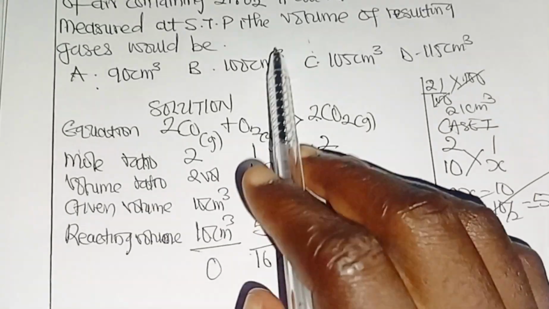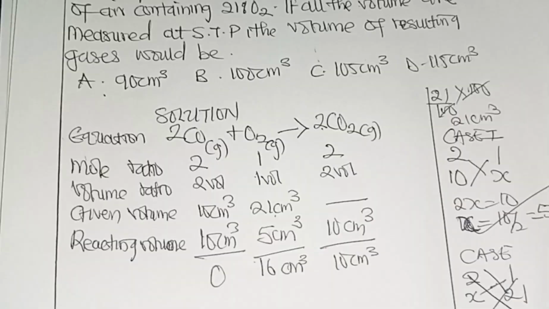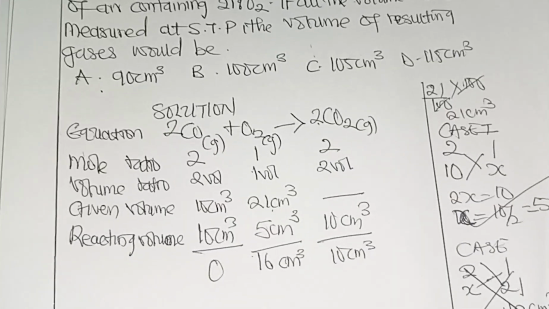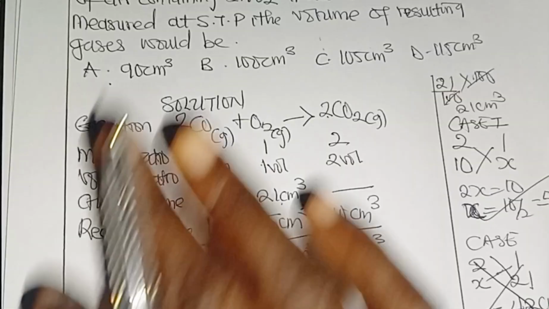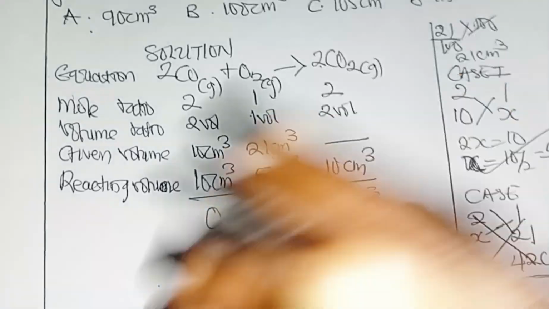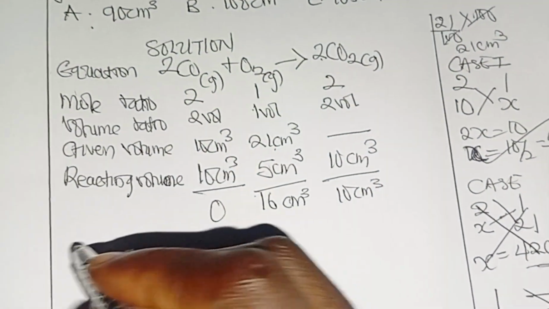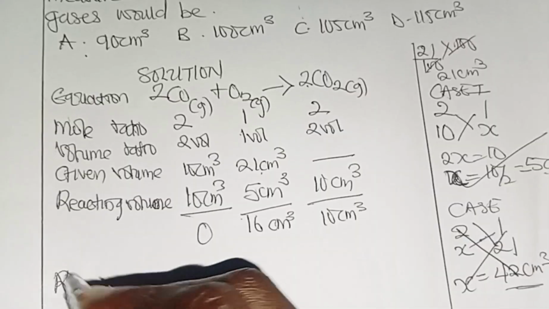We are being asked the volume of resulting gases. Now the volume of resulting gases is equal to the total volume of all the gases present after the reaction has finished. Okay, so what are the gases present?